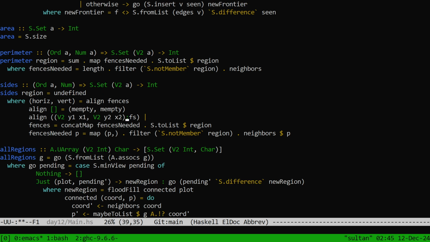If, let's put a space here, it feels better. If Y1 equals Y2, then, let's see, if the y coordinates are equal of these two, they're at the same height, so it's a horizontal wall.